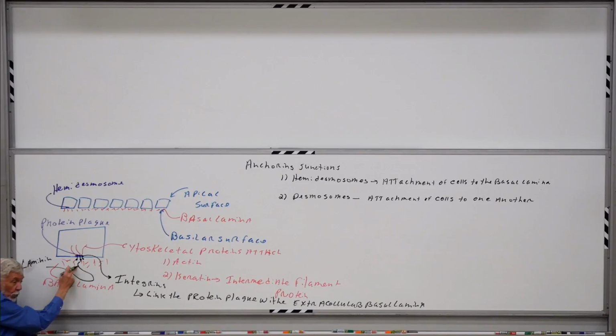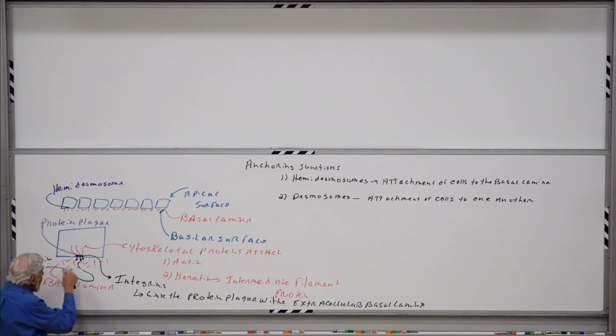That ties it into the protein matrix. But integrin is a transmembrane protein so that its feet are in the protein plaque, anchored there, and the protein plaque in turn is anchored to the cytoskeleton. This makes a relatively strong bond, allowing the epithelial cell to be anchored to the underlying basal lamina. So it is classically an anchoring junction, holding this cell down to the basal lamina.